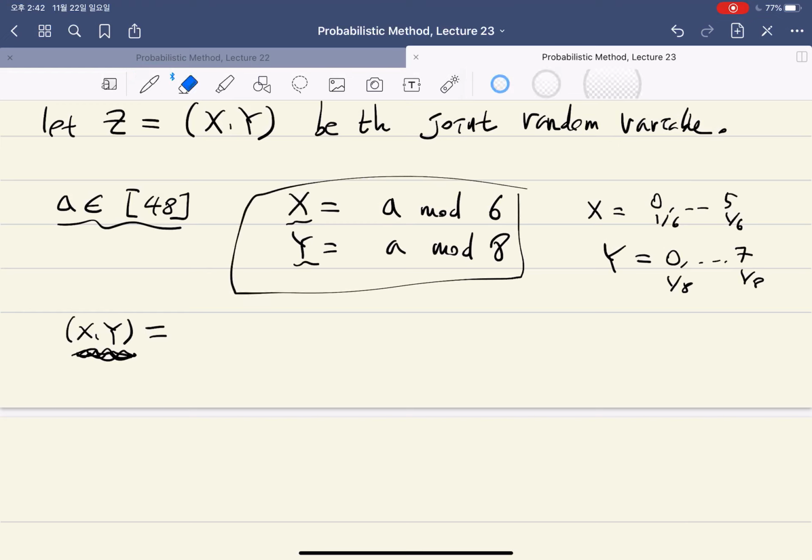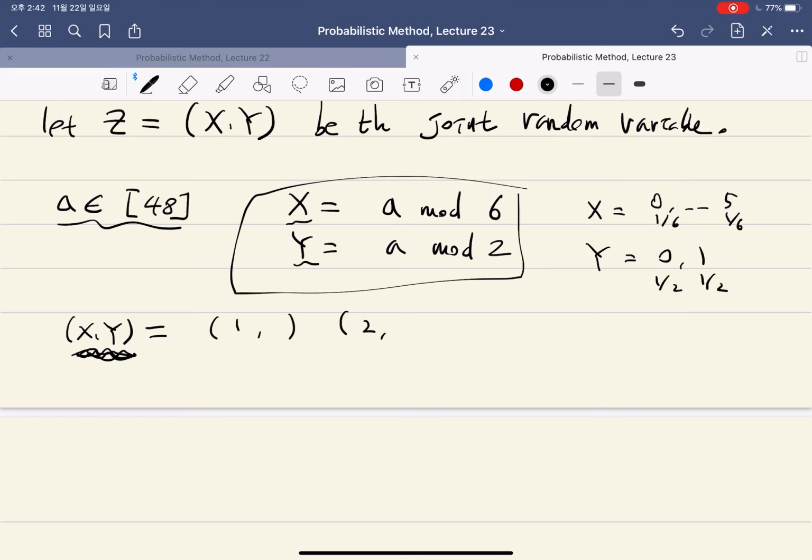So maybe I could come up with a better example. Let's say x is 0 to 5, and then y is 0 or 1 with probability half and half. Then say (0,0), (1,1), (2,0), (3,1), (4,0), (5,1).